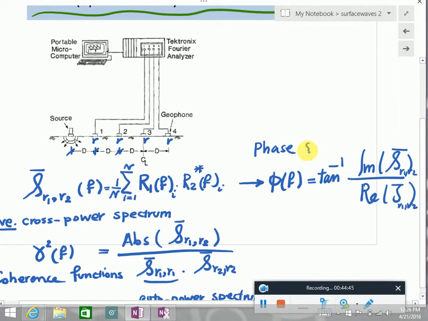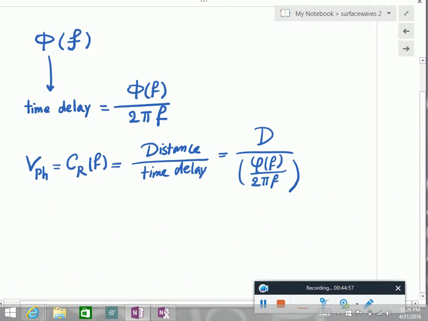In cross-correlation, you get time lag. Here you get phase shift. The relationship between phase and time delay you have seen before, and then you just get velocity. It's very, very simple.